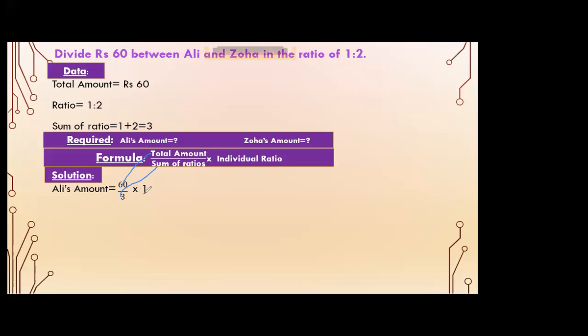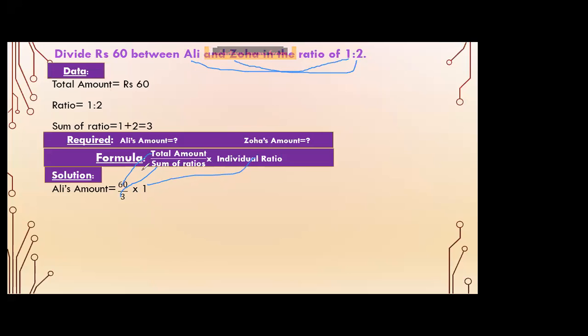Multiply with individual ratio. Beta, what is the Ali ratio? Ali's ratio is the first ratio, because Ali's name is written first. So Ali's ratio is 1, and Zuha's ratio is 2. Individual means Ali's own ratio.